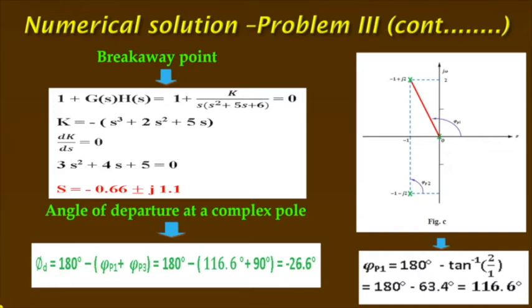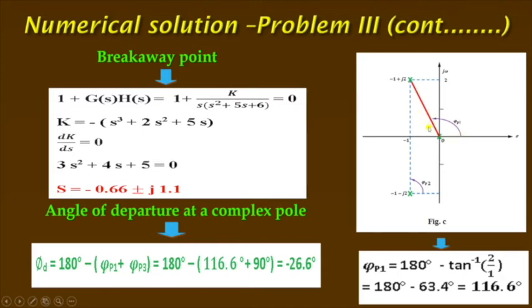This is equal to 180 minus the sum of angles of vectors drawn to this pole from the other poles, minus the sum of angles of vectors drawn to this pole from the other zeros. But there is no other zero, so this value is 0. Only consider the sum of angles of vectors drawn to the set point from the other poles. That means phi p1.